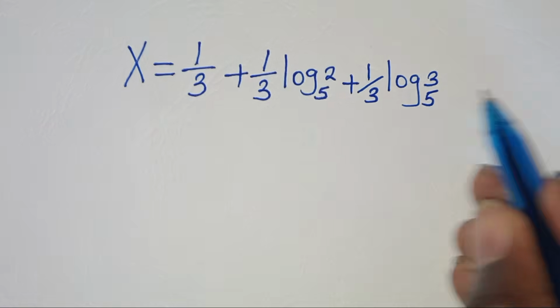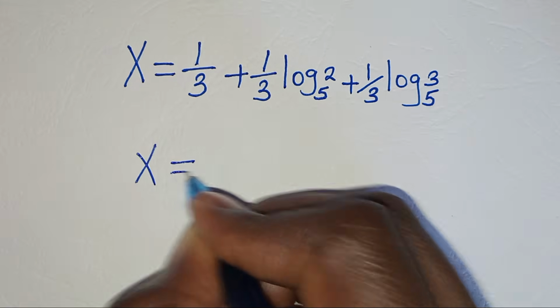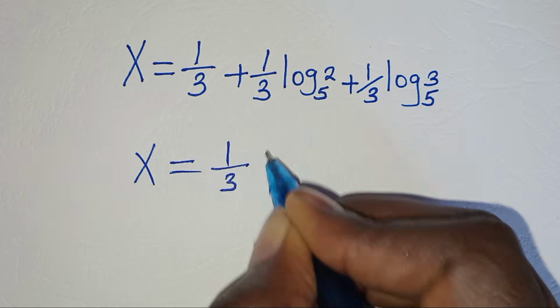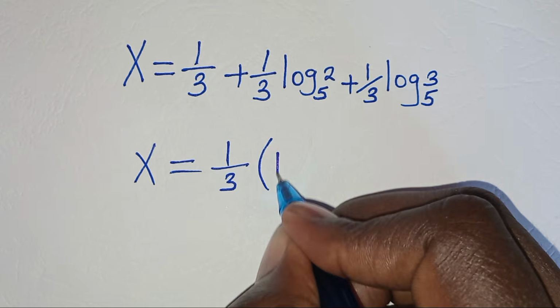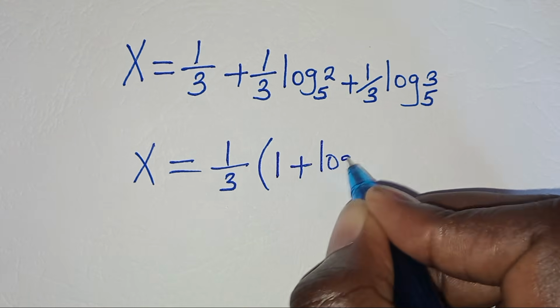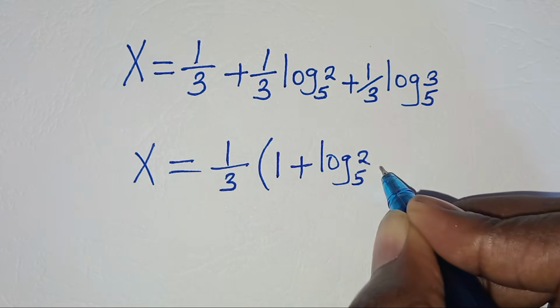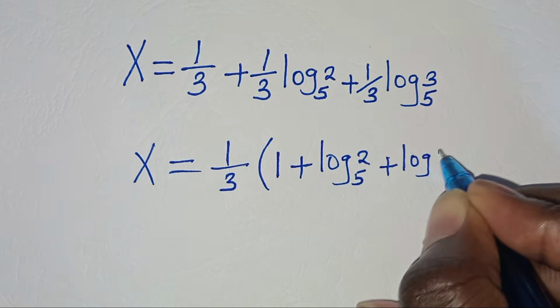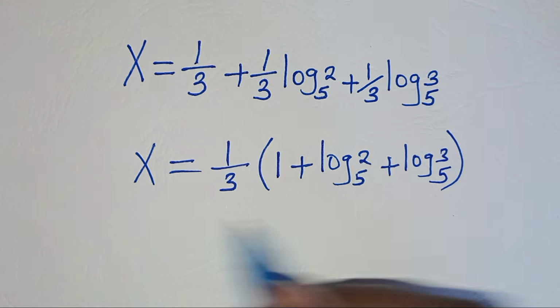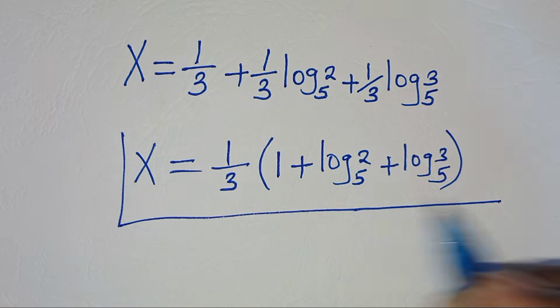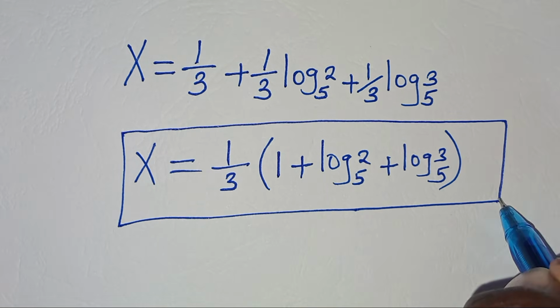Now we have 1 over 3 common here, so we can factor it out into the parentheses. This is 1 plus log 2 to base 5, plus log 3 to base 5. So this is the value of x.